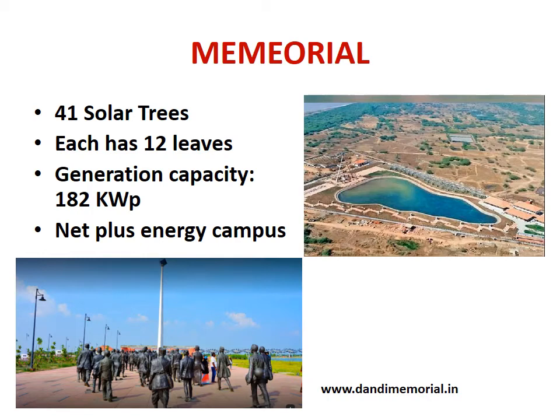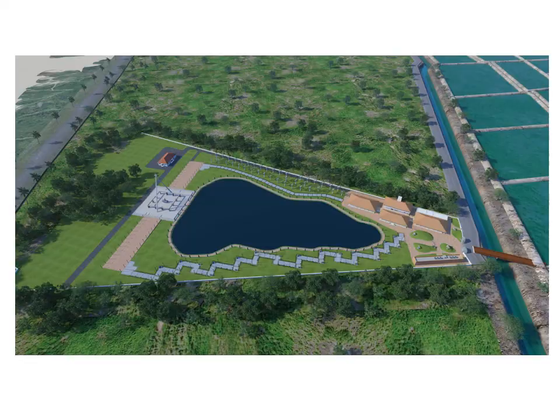So that's why it is a net plus energy campus. Though very little structures are there in the memorial site, it does not require that much electric power which it is generating. That's why it is being given to the grid.